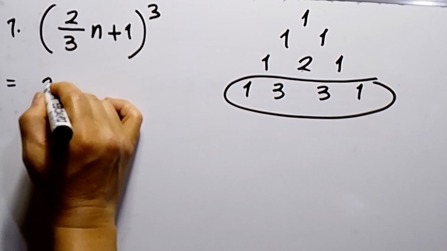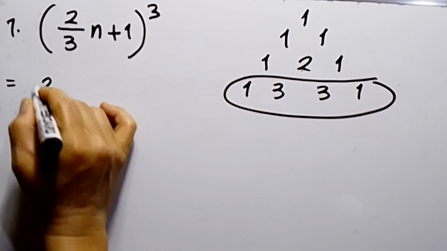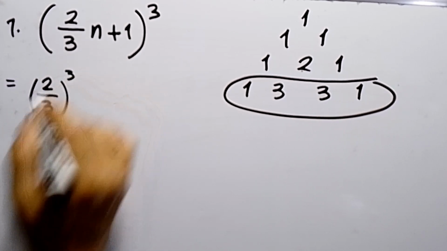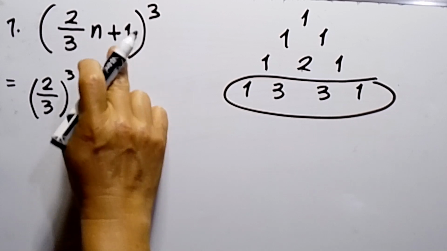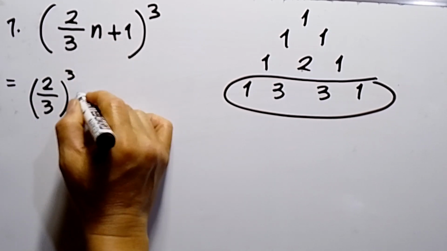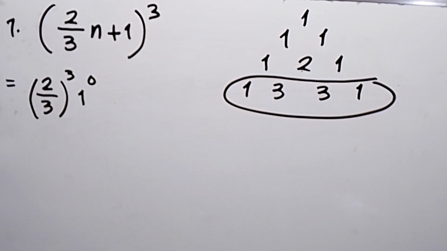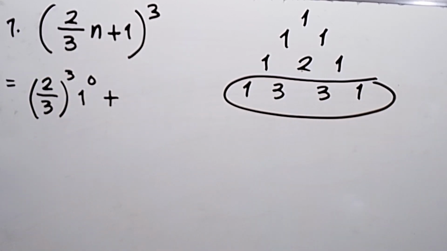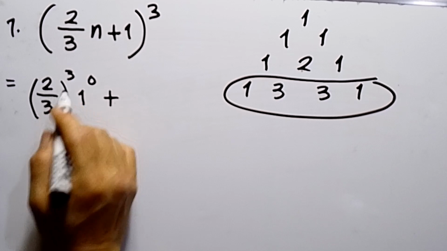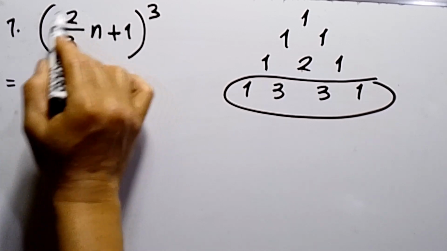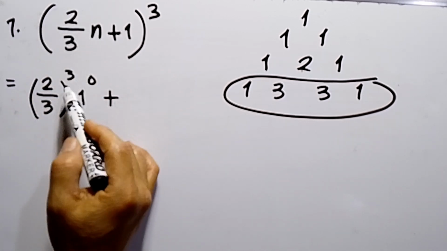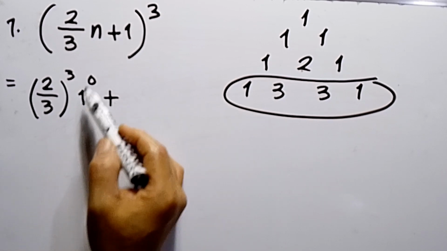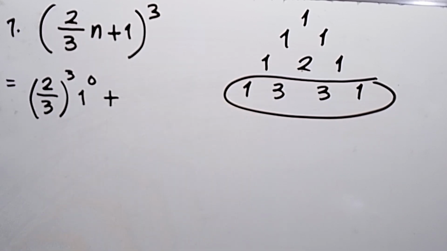This will be 2 over 3 cubed, the first term cubed, and then the second is 1 raised to the 0 power. And then plus, since this is addition, the signs must all be plus. Take note, the first term will be decreasing, and then the second term will be increasing.